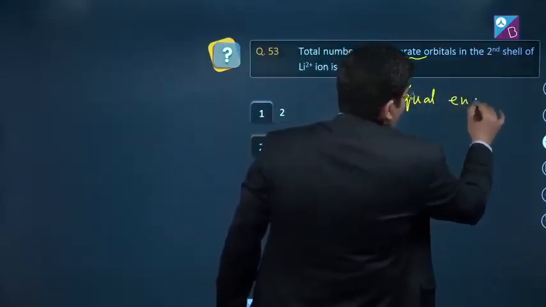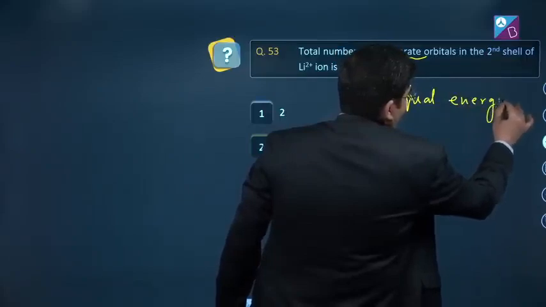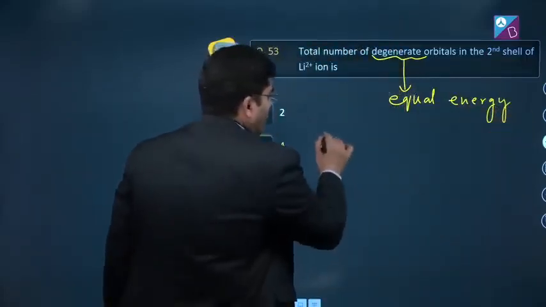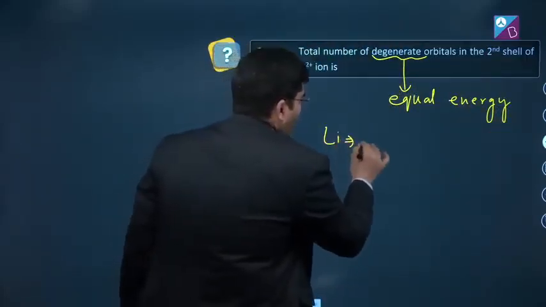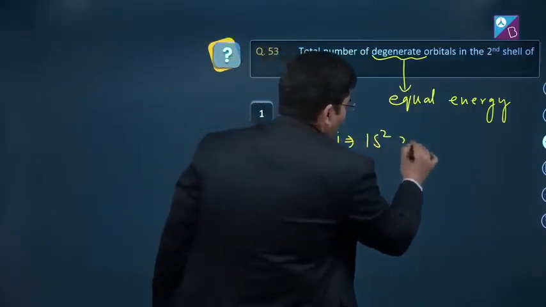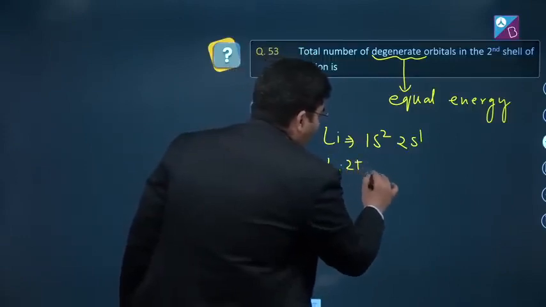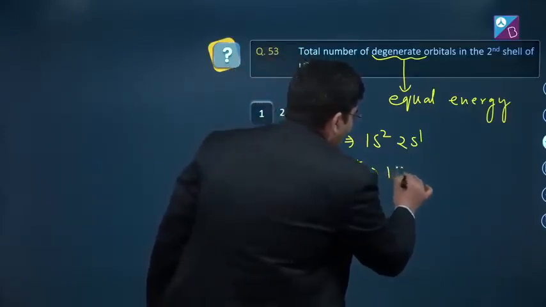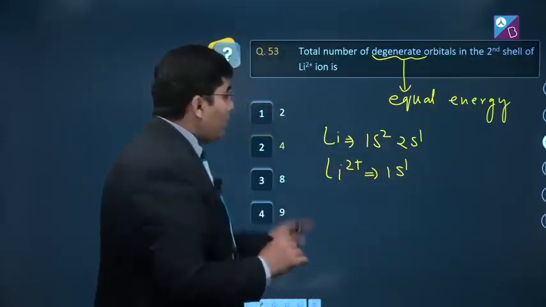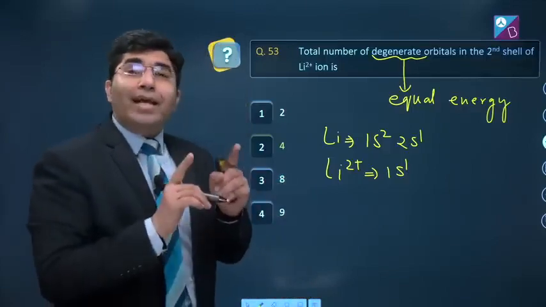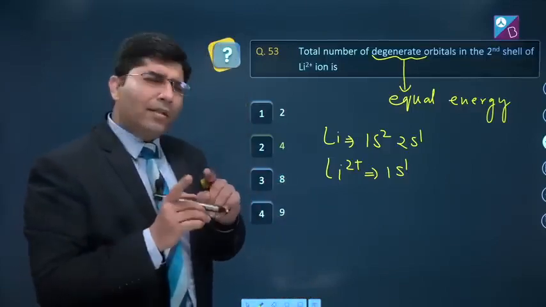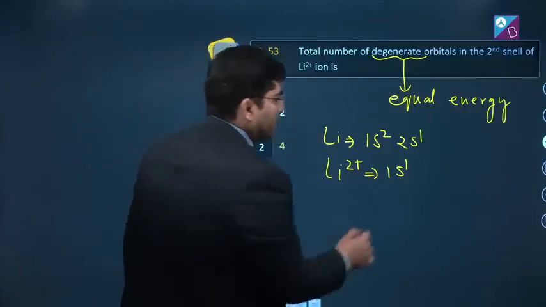equal energy. So what we will do is just write the electronic configuration of lithium: 1s2, 2s1, and the electronic configuration of Li2+ will be 1s1, right? Now this is like a hydrogen-like species, correct? And in the case of hydrogen-like species, what will happen?